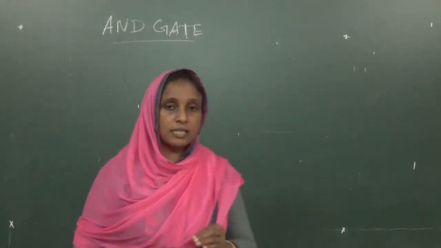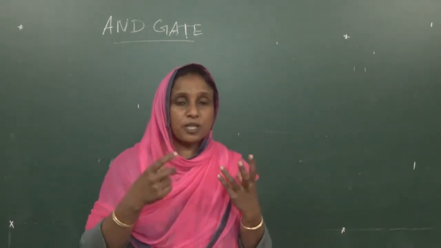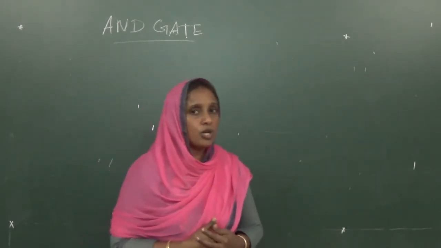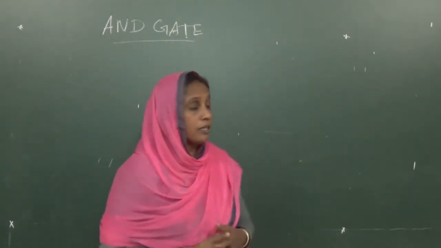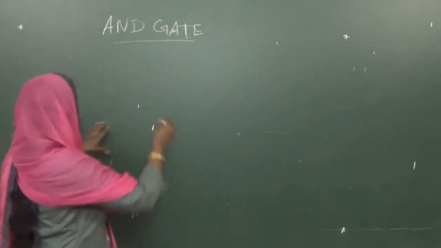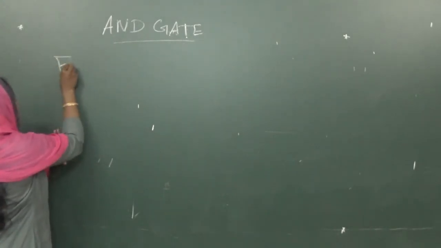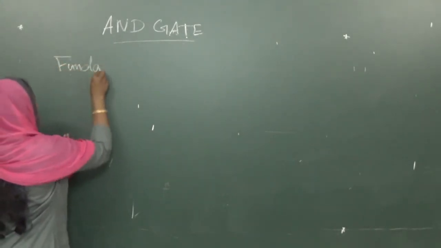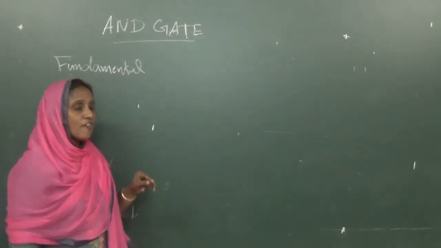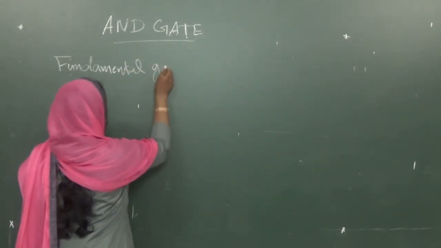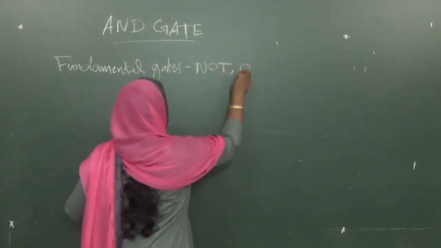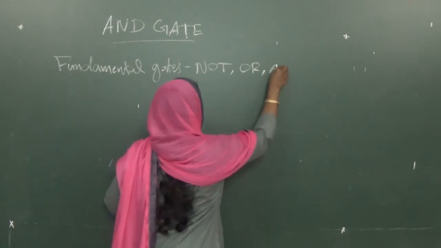All these gates are used to express logics, right? Gates are the basic units of logic circuits. One of the gates is the AND gate. There are three fundamental gates: NOT, OR, AND.